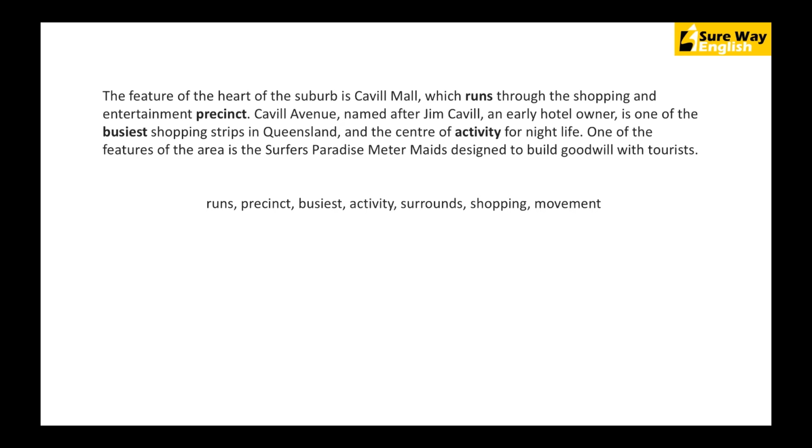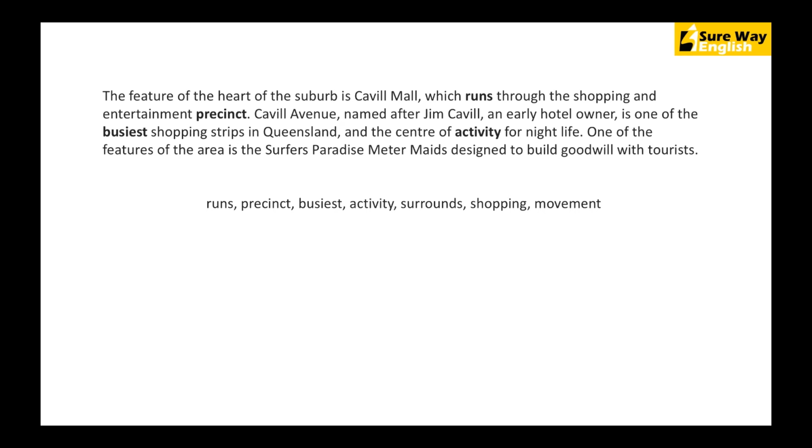The feature of the heart of the suburb is Kebble Mall, which blank through the shopping and entertainment blank. Now, there's a simple technique that we are going to follow while doing all these fill in the blank kind of reading questions.